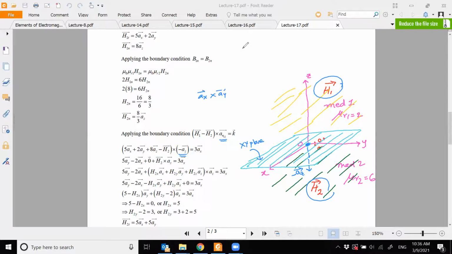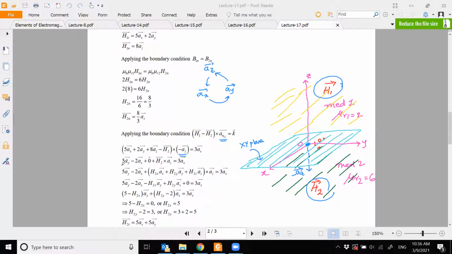Rather than putting it like this, let me put it in a circle because we know it: AX, AY, AZ. So AX cross AY is AZ, AY cross AZ is AX, and AZ cross AX is AY. You have to go in this map and then complete this.